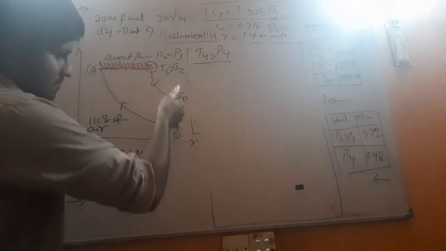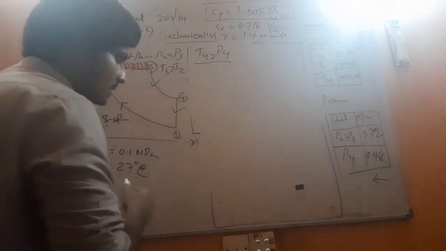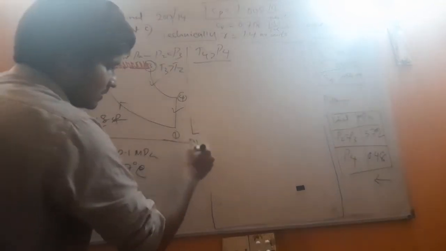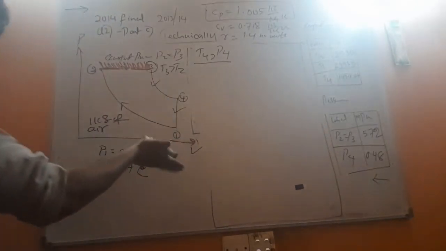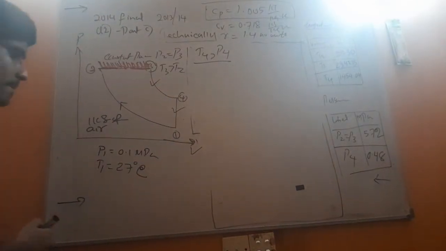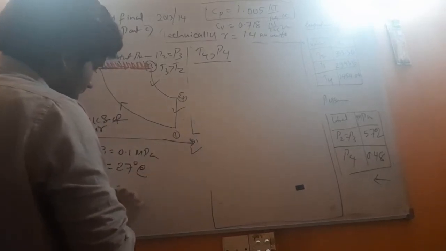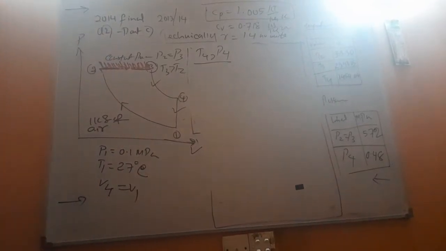Because here we have constant volume heat rejection, if you consider the volume axis, it is at the same level. So V4 equals V1.